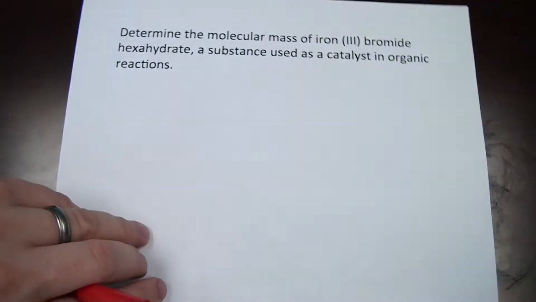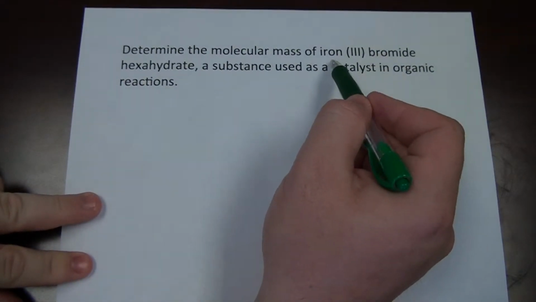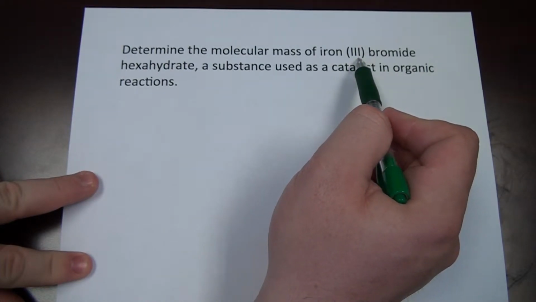Let's look at another one. Determine the molecular mass of iron 3 bromide hexahydrate, a substance used as a catalyst in some organic reactions. Again, we have to look at what this molecule actually is. Iron 3, this is a transition metal, so the 3 tells us the charge on that iron.